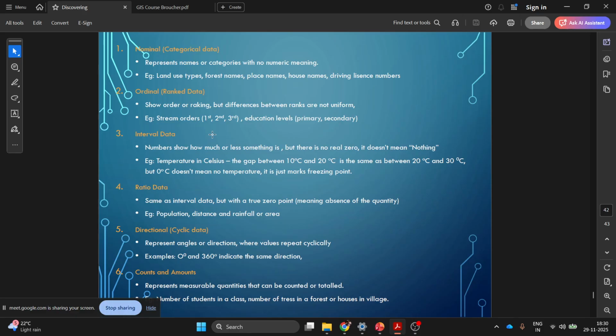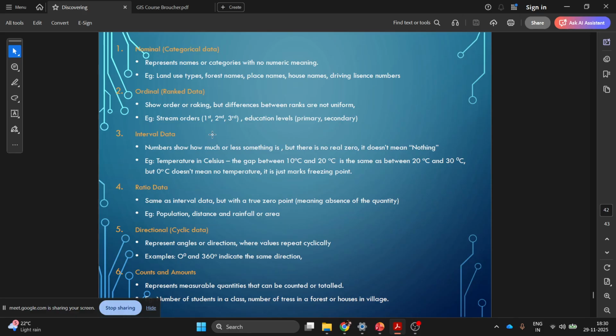This type of data is stored in such a manner, like stream order, the diverging road, and educational level in a particular area. That is called ordinal, that is, ranked data.